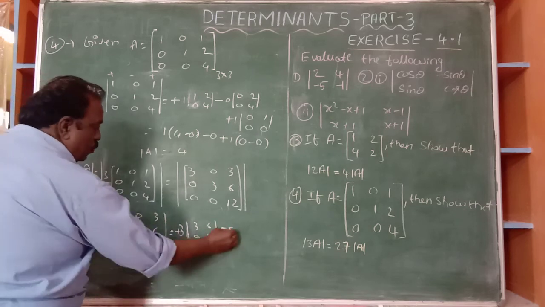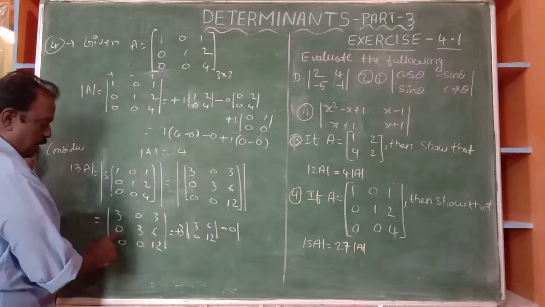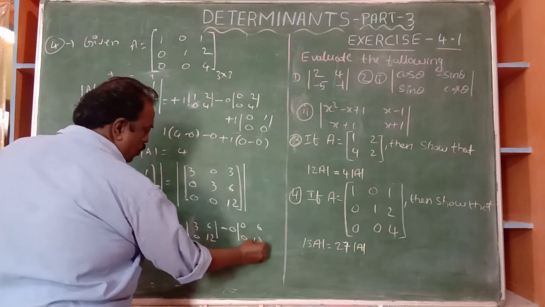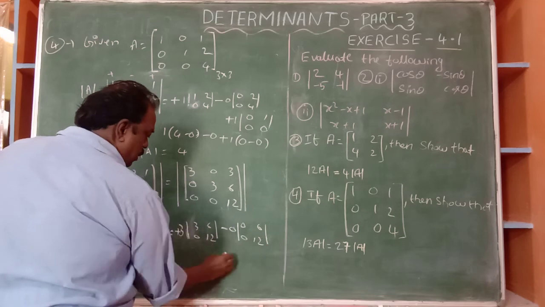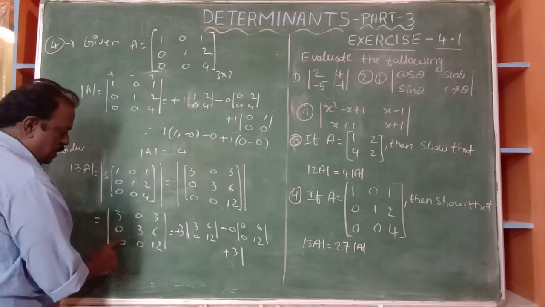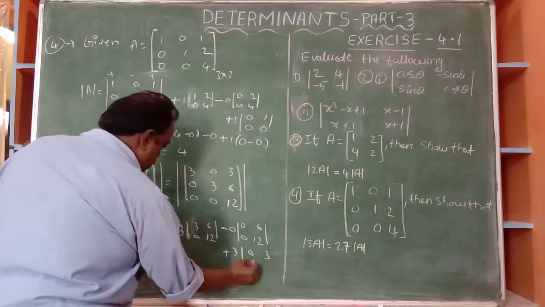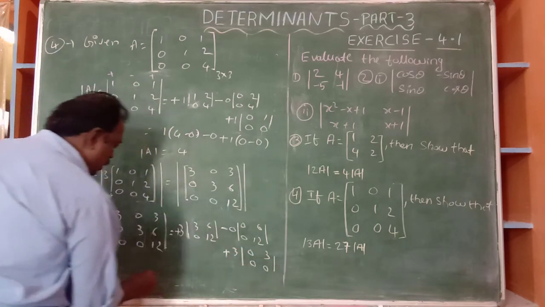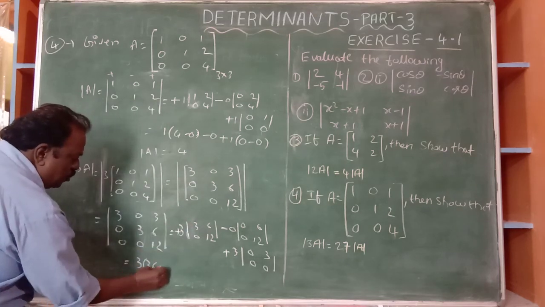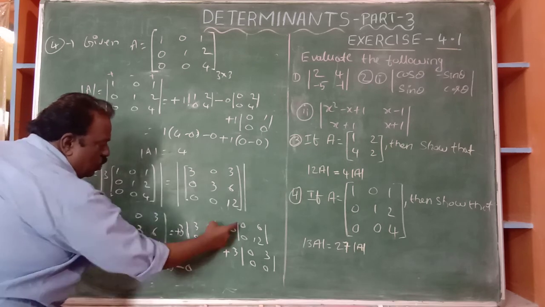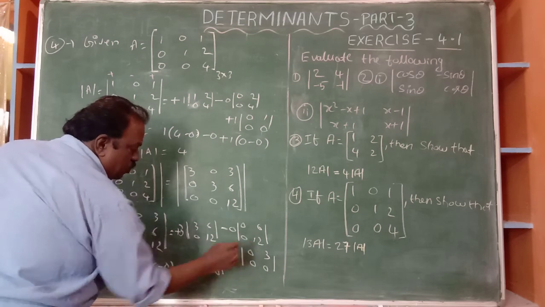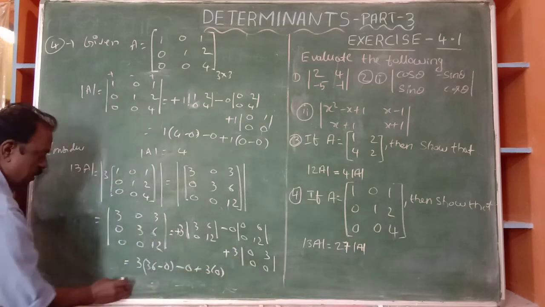It is minus 0 into, row and column deleted, [0, 6; 0, 12], and plus 3 determinant, row and column deleted, [0, 3; 0, 0]. Now what is 3 of? It is 36 minus 0. Minus 0 anything is 0. Plus 3 into again 0 minus 0. 0.